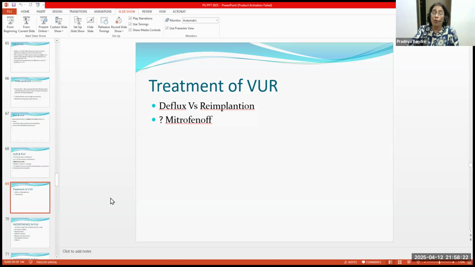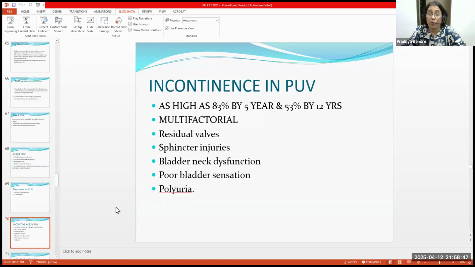So adding metrophenol and CIC would be beneficial if we are reimplanting them. In the era when Deflux was available, the majority of people preferred Deflux for the treatment of reflux, but that was more successful in lower grades of reflux, and in grade 4 and 5 with wide orifices Deflux had a limited role.